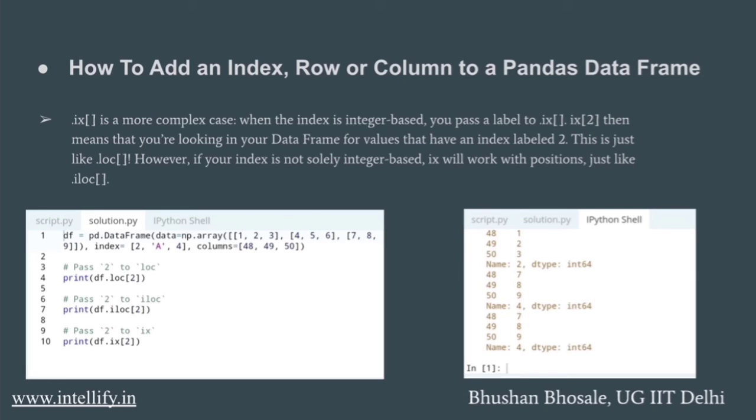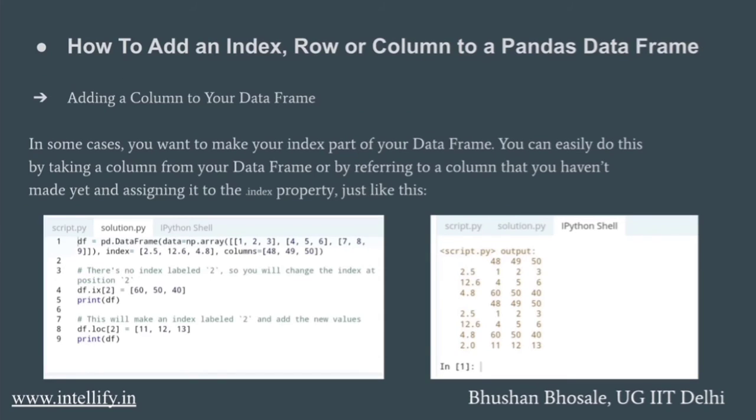Now df.iloc[2] will access the index that is set by default, and the columns that will be represented are 7 8 9. And similarly for ix, the index represented at 2 by default will be accessed, and the 7 8 9 columns will be represented.